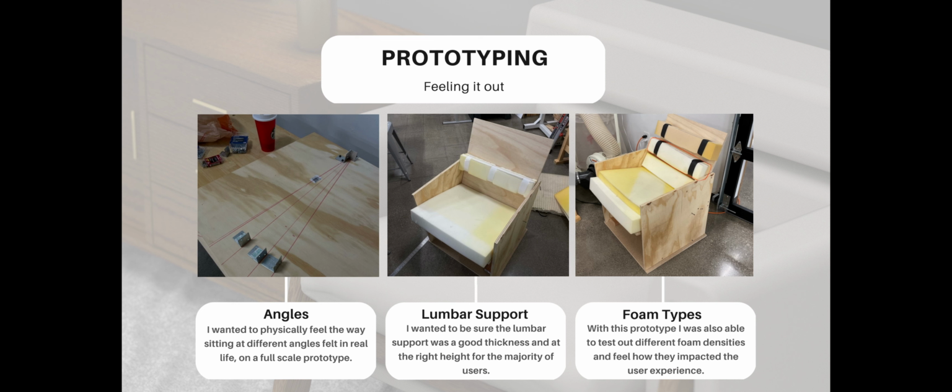I wanted something that was not too cushy to the point where you're not getting that support that you need, kind of like a Lazy Boy type situation, but that wasn't so firm that it was uncomfortable and that you felt like you were sitting on a rock or like a hospital waiting room chair. So I was really able to dial that in to a point where I was very happy with it.